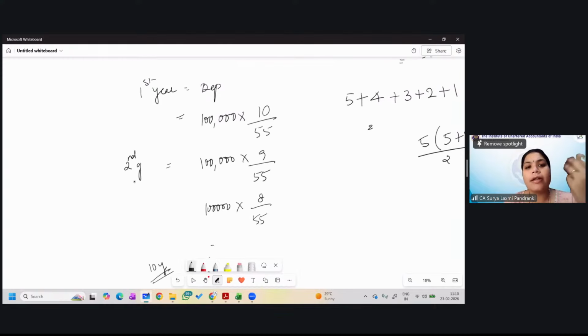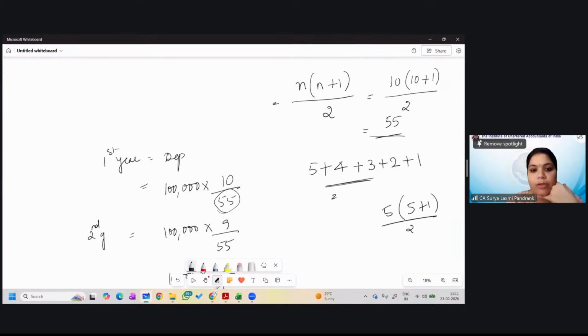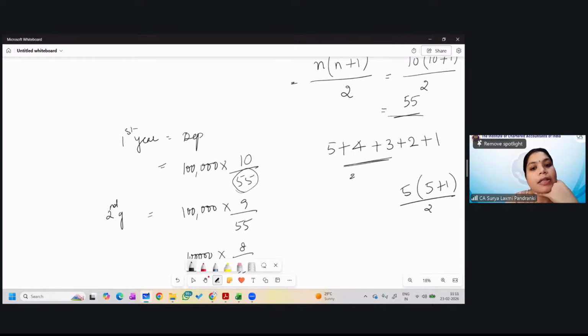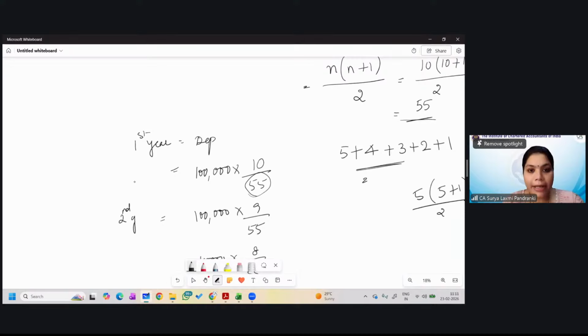It is almost like doing the WDV method or the straight line method, but we are trying to do it in a different way, wherein the sum of digits is calculated. How did we get this 55? I told you the two ways of calculating it. And 10 is nothing but the useful life of the asset, and you bring it down. In the first year, we take 10 because you know the useful life is 10 more years.